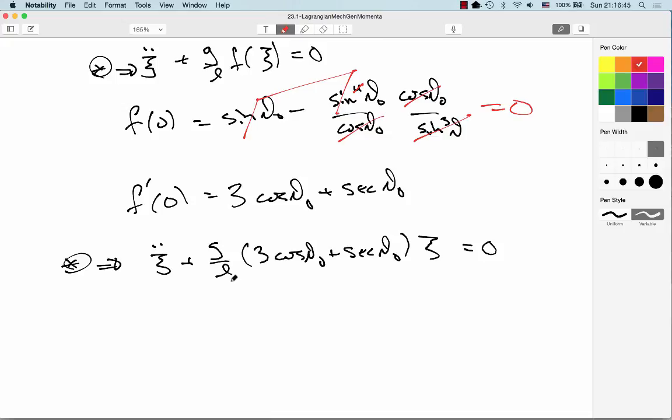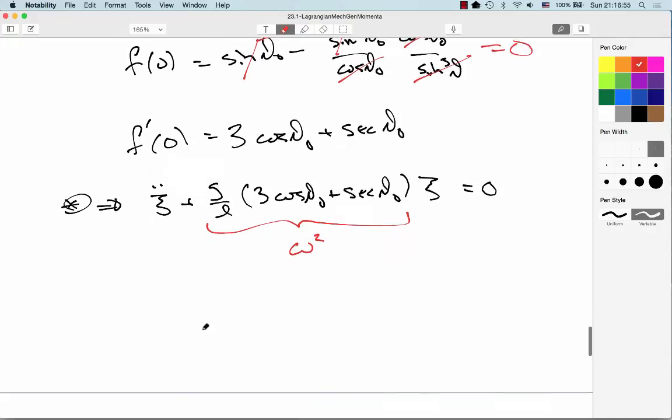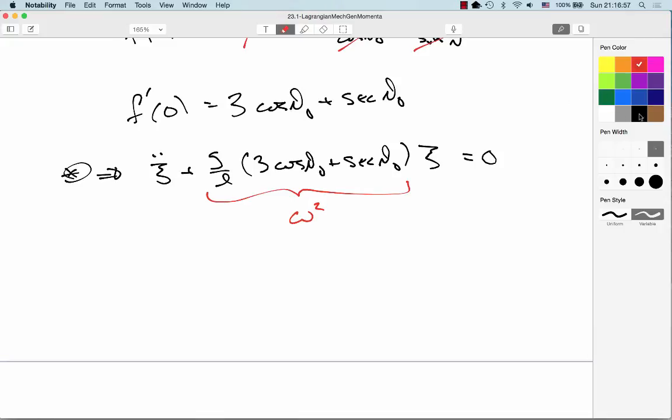That's a simple harmonic oscillator, and this stuff here is omega squared. So we can find the period of this motion, and then we can get some idea of how far phi would increase in one period of the orbit. So the period has to be 2 pi over omega. So it's equal to 2 pi times root L over g times the stuff in parentheses up above.